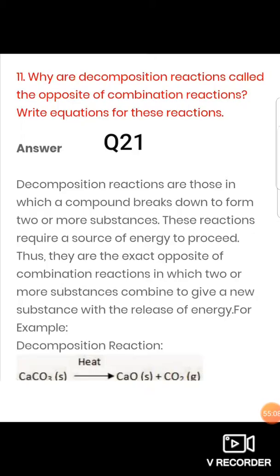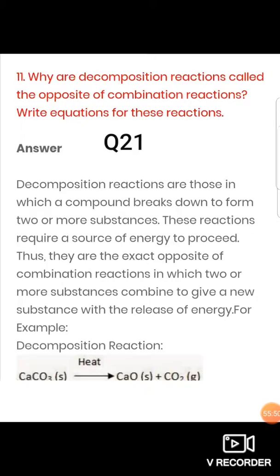For example, decomposition reaction, CaCO3 heated gives CaO plus CO2. When calcium carbonate is heated, you will get calcium oxide and carbon dioxide will be released in gas form. If you remember, CaCO3 is the dried whitewash on the walls, the marble.